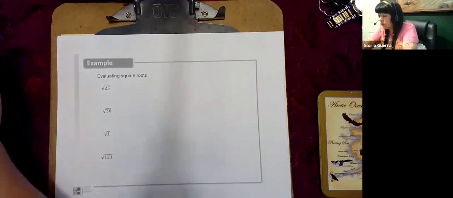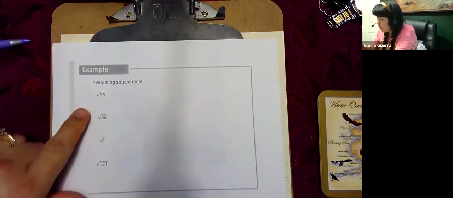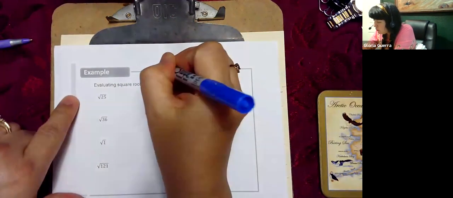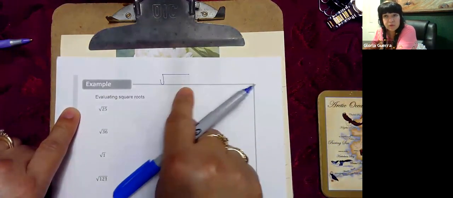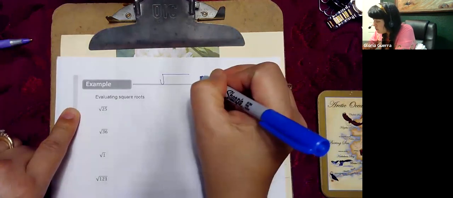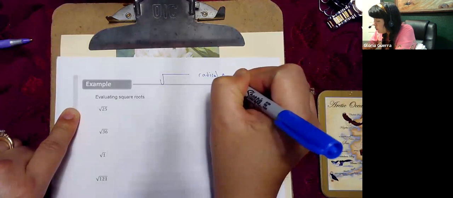Let me write something down here. So, evaluating square roots. For the parts of a radical, this symbol here is not a long division symbol. This is called a radical symbol or a radical expression.